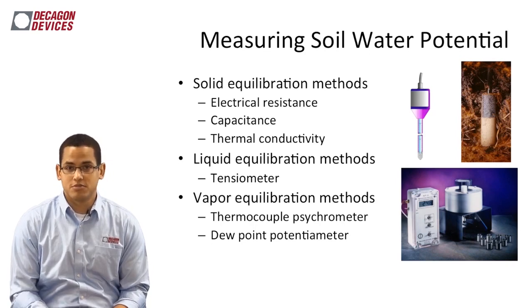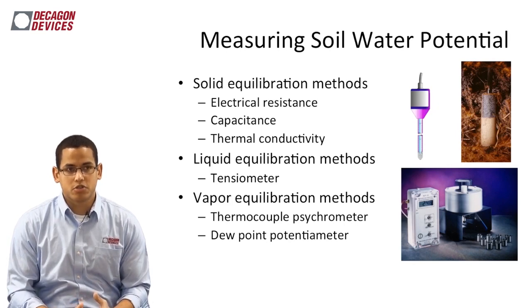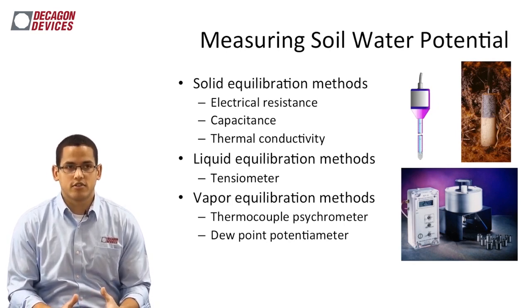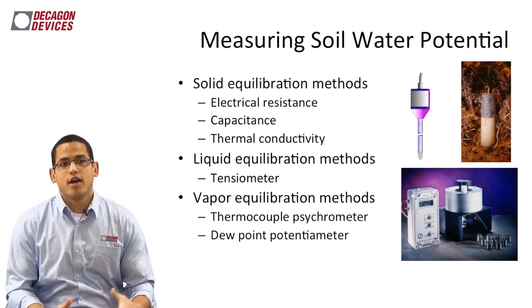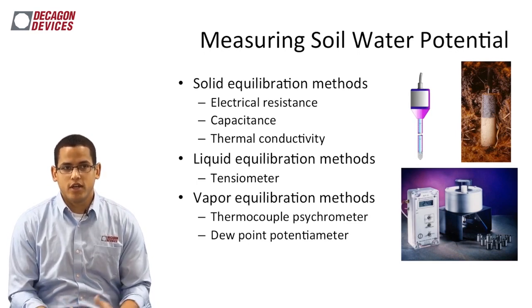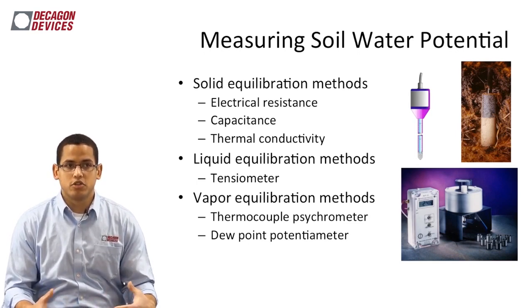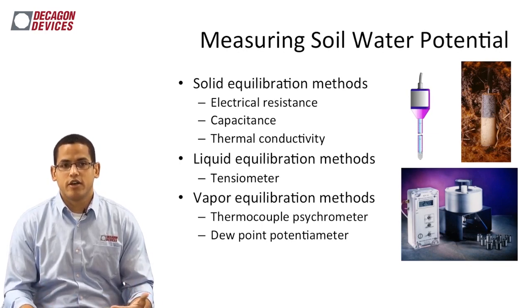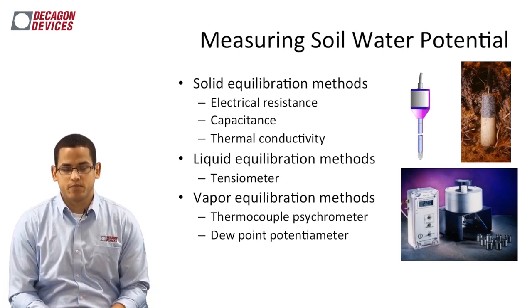We have the capacitance method, where we essentially are inserting ceramic discs that we know the moisture characteristic curve, or the moisture properties of that ceramic, allowing it to come into equilibrium, and then measuring, using the capacitance method, the water content of that ceramic, and then outputting water potential.